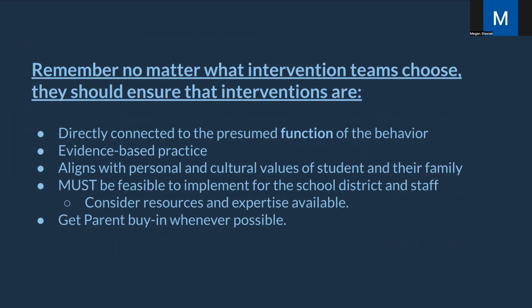We don't want to just be throwing random things out there. We want to make sure that they align with the personal and cultural values of students and their families. We also want to make sure that they're feasible to implement at the school district with our staff and resources. And we also want to get that parent buy-in whenever we can.